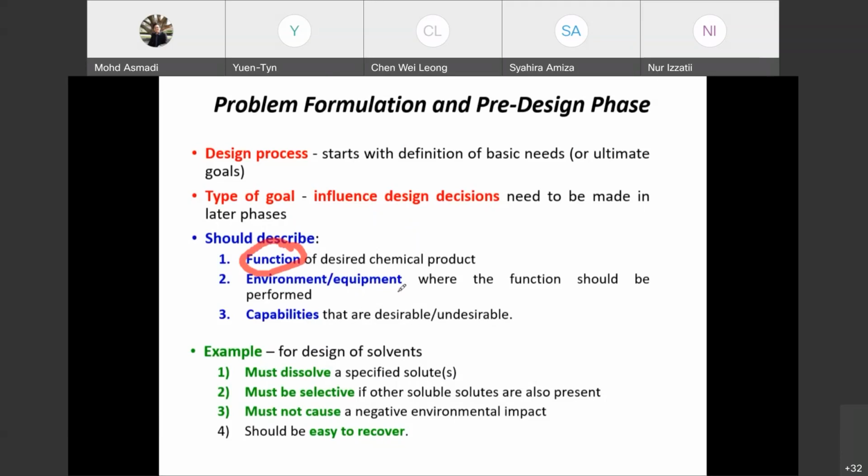For example, in the case of designing a solvent, it must dissolve a specified solute, must be selective if other soluble solutes are also present, must not cause a negative environmental impact, and should be easy to recover.